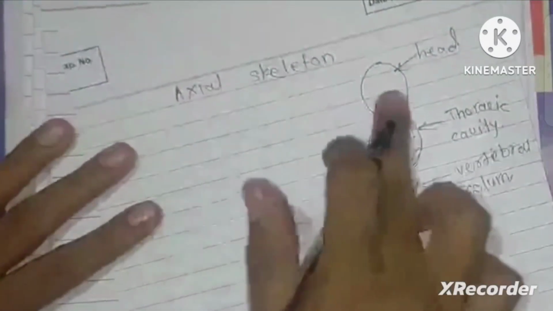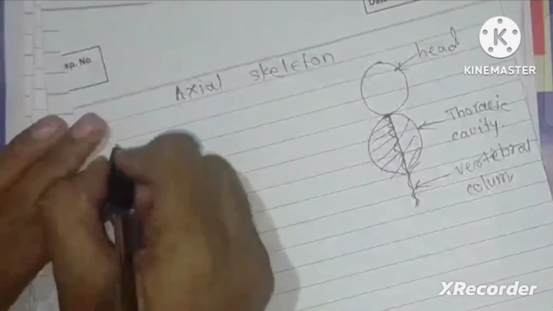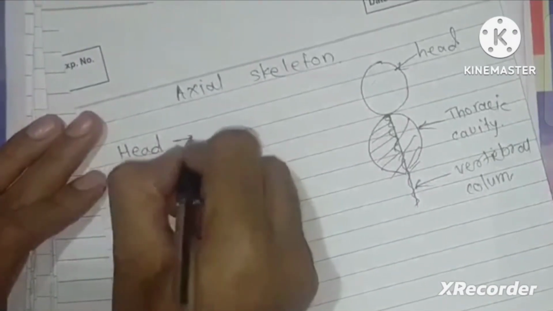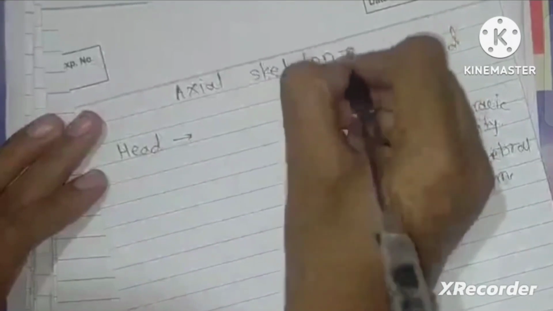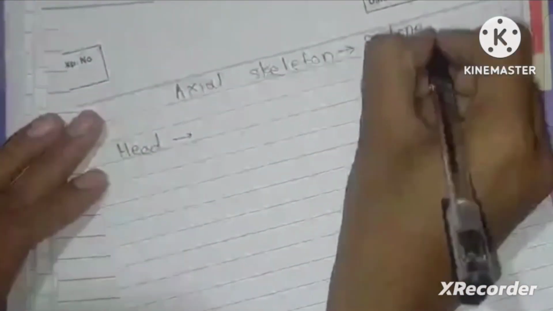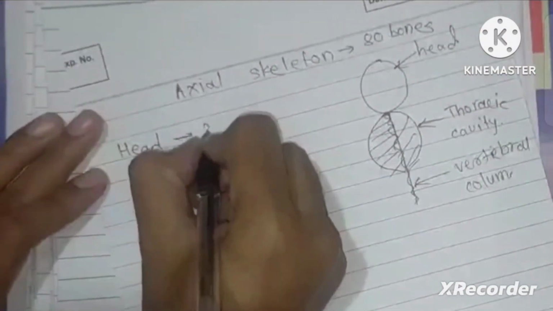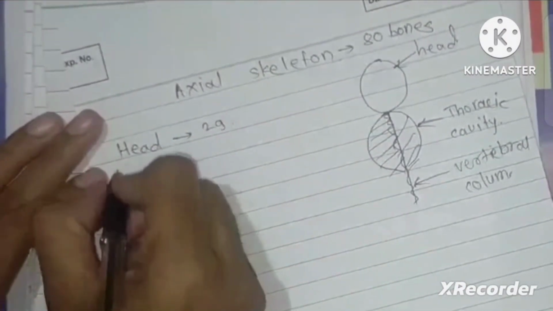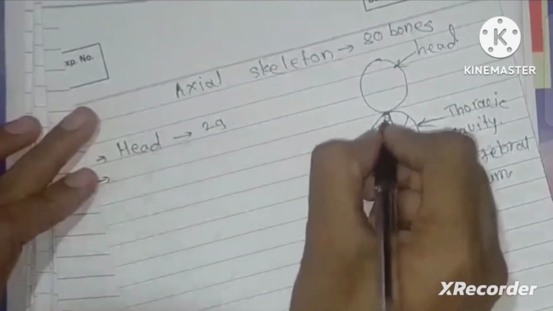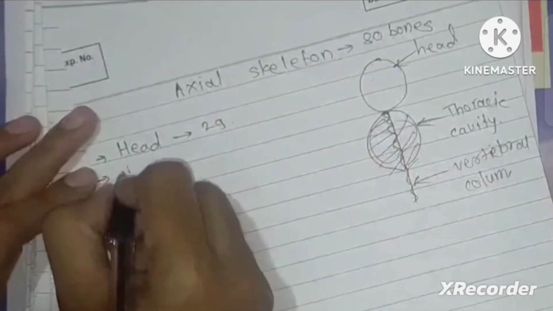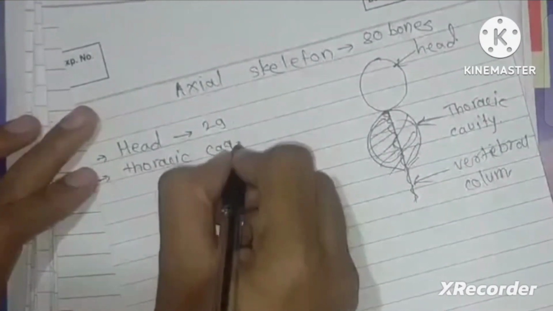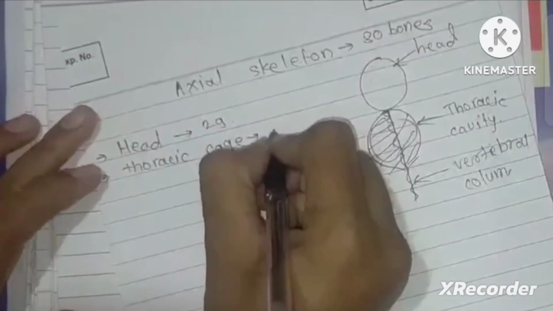Axial skeleton protects our vital organs such as heart, lungs, and brain. Head consists of about 29 bones. In axial skeleton, about 80 bones are present, while in head, total 29 bones are present. Second, our thoracic cage consists of about 25 bones.